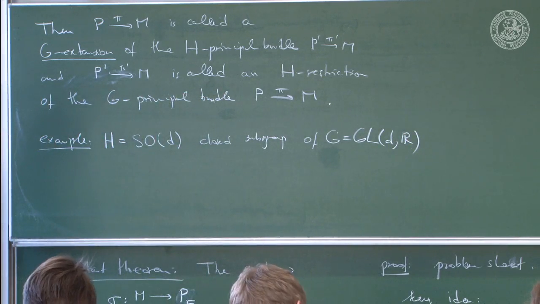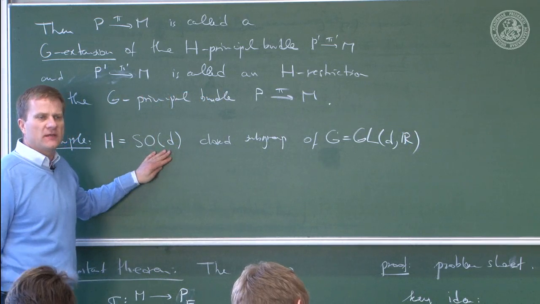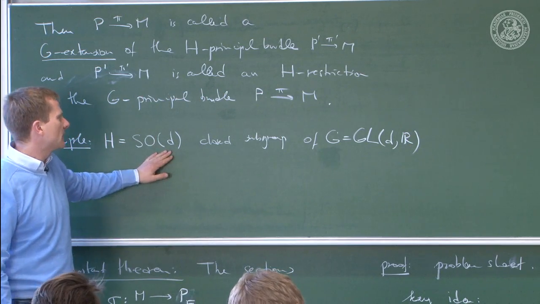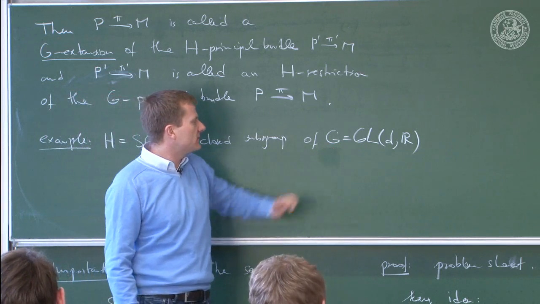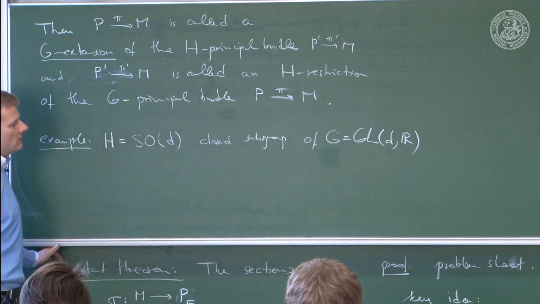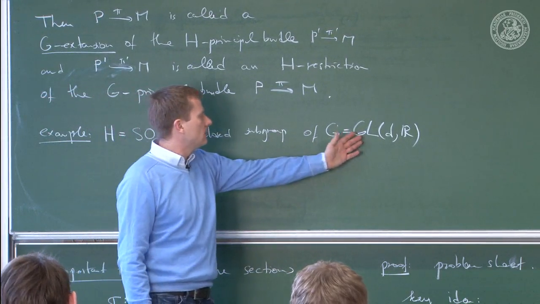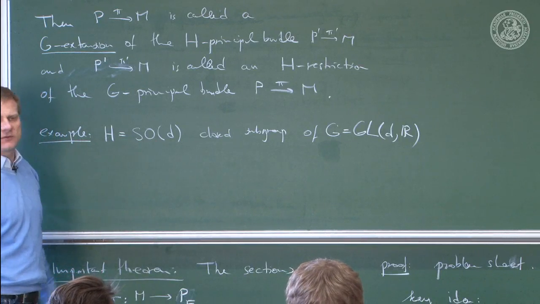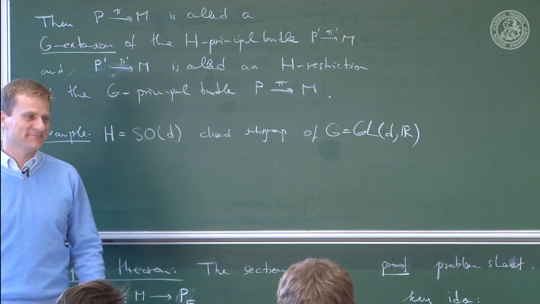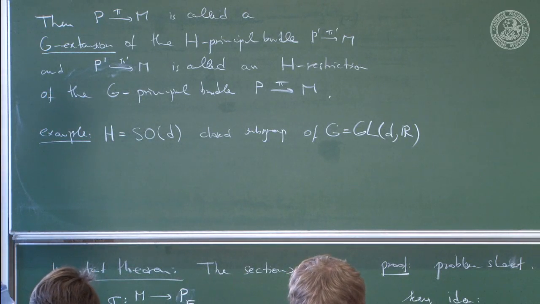So we might want to, for instance, study principal bundles where the transformations are only rotations and want to see whether there is a restriction of the original bundle that gets you there. So from the frame bundle with this group to the frame bundle with respect to that group. Okay? And the question is whether this exists.